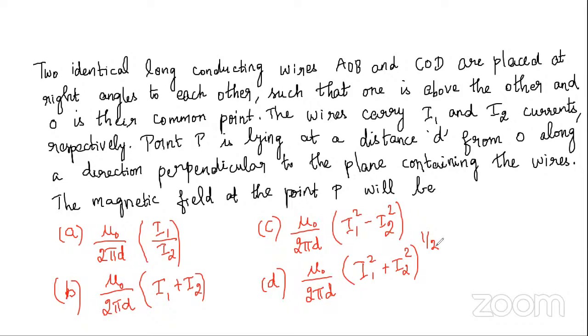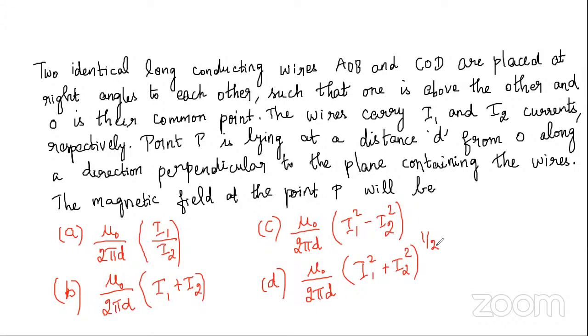So this is your question. Two identical long conducting wires AOB and COD are placed at right angles to each other such that one is above the other and O is their common point. The wires carry I1 and I2 currents respectively. Point P is lying at a distance D from O along a direction perpendicular to the plane containing the wires.